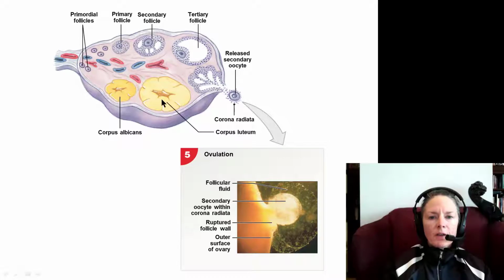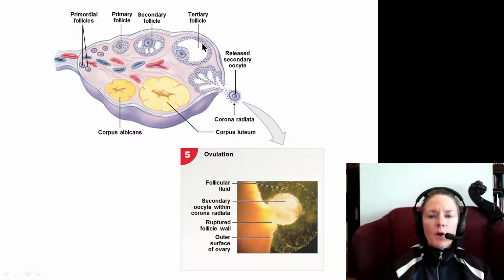Now, once this is ready, here we've traced the evolution of this thing from a primordial follicle. Remember that the diagram is showing all these different phases. In reality, these things don't move around; they simply stay in place and undergo this development. So a primordial follicle will have started here, then become a primary follicle, then a secondary follicle, then a tertiary follicle.